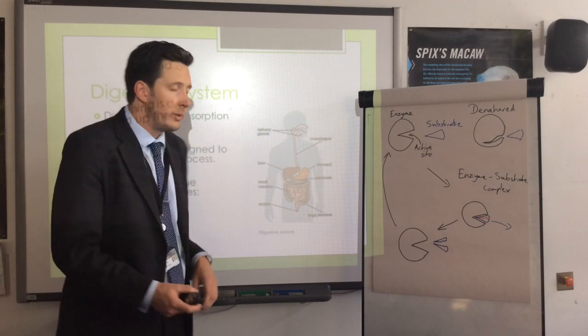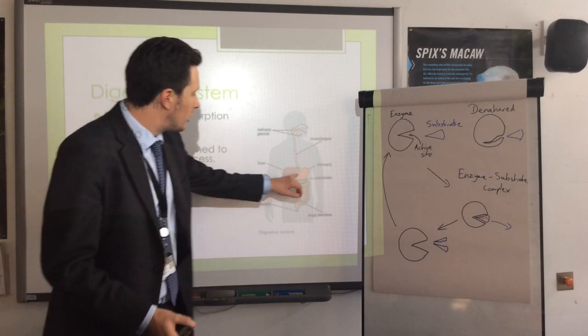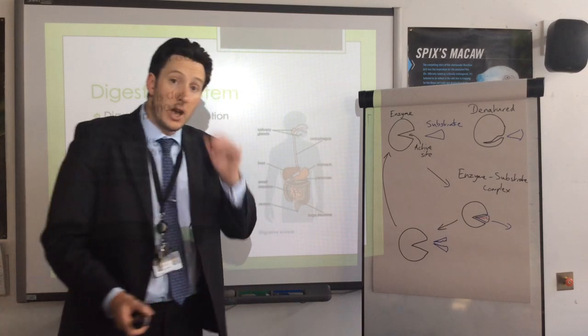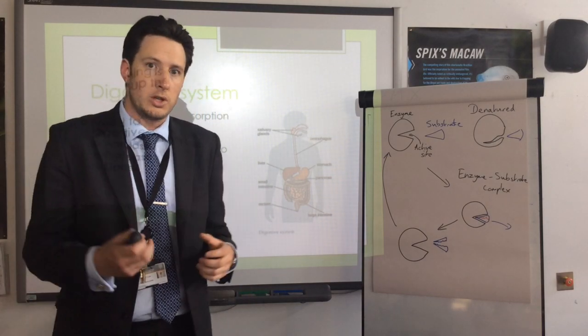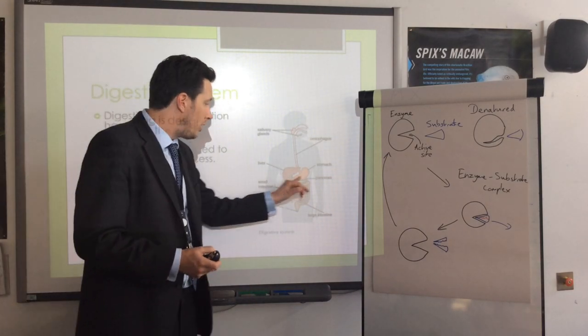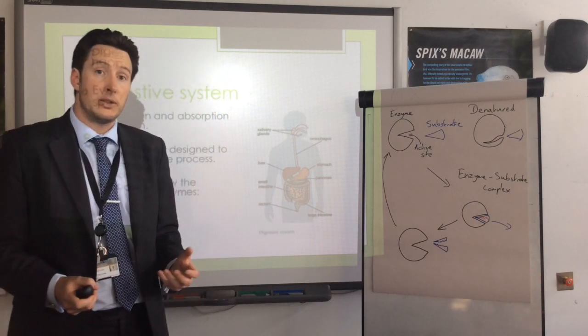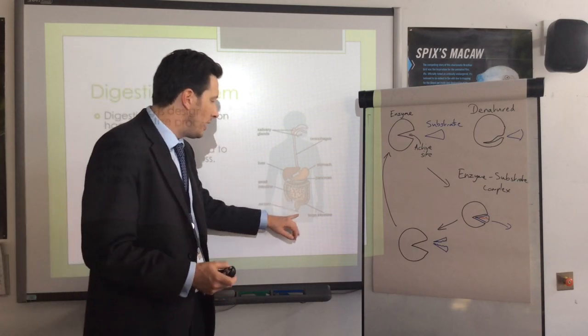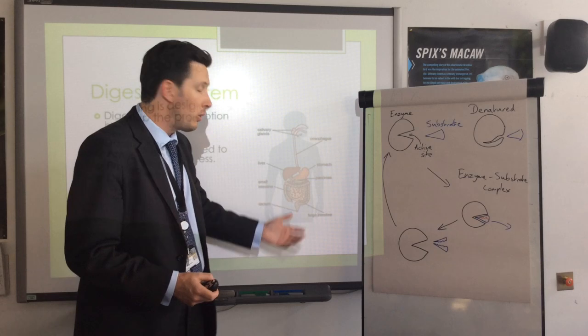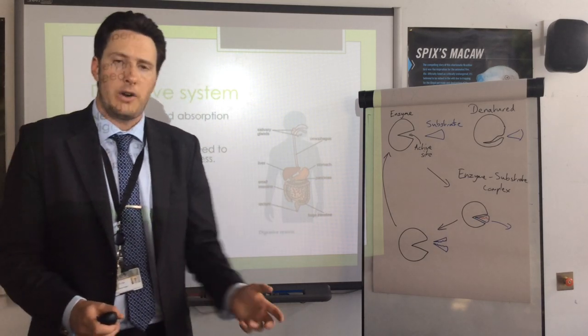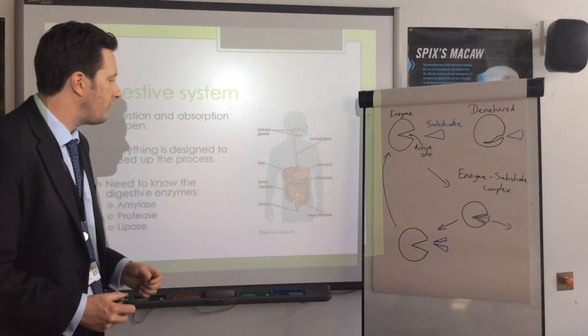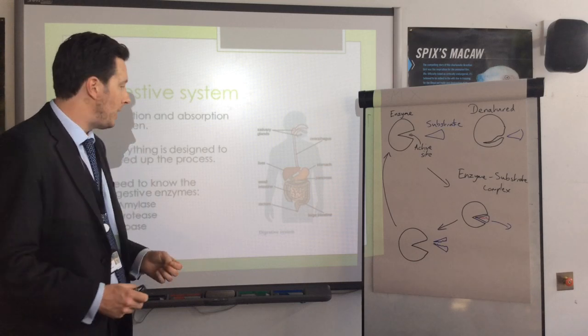You've got the liver, which produces bile. You've got the small intestine, where nutrients are absorbed. You've got the large intestine, where water is absorbed, and then the rectum and anus, where waste products are expelled after digestion has happened and the good stuff has been absorbed out of it.